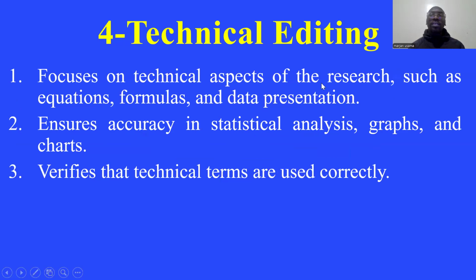Then number 4, there is the technical editing. The technical editing focuses on technical aspects of the research. And you'll always find it in chapter 4 or 5. This is where there are some equations, some formulas, and data presentation. So it basically checks the technicality. You have to be very careful with the equations that you are using.